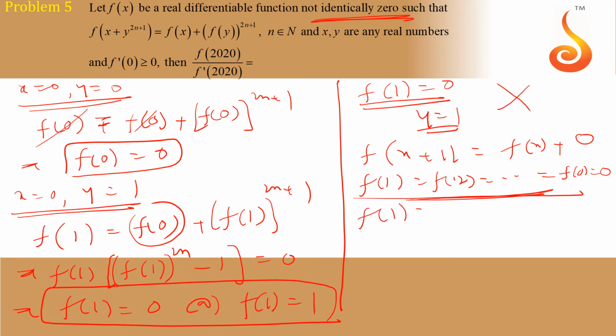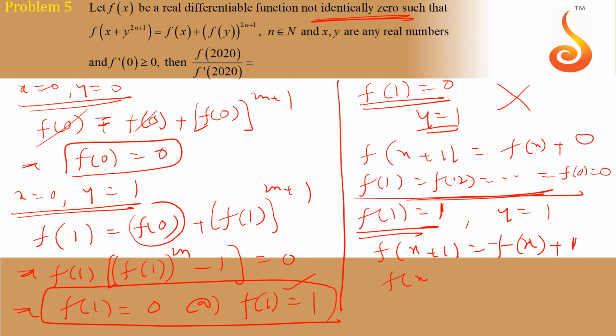Then if you take the f of 1 equal to 1 case, the second case, you will put y equal to 1 here also. Then f of x plus 1 equals f of x plus f of 1, which means f of x plus 1.